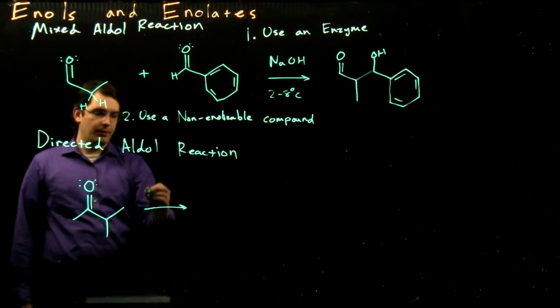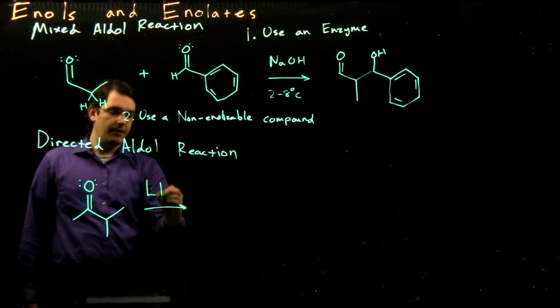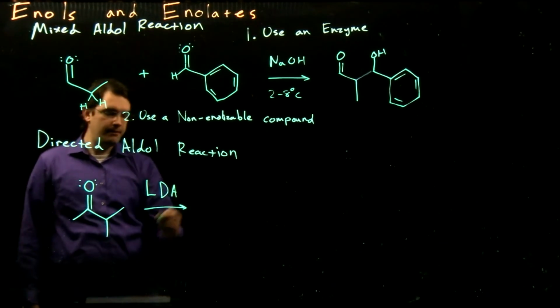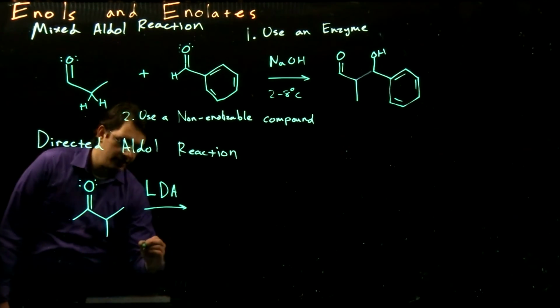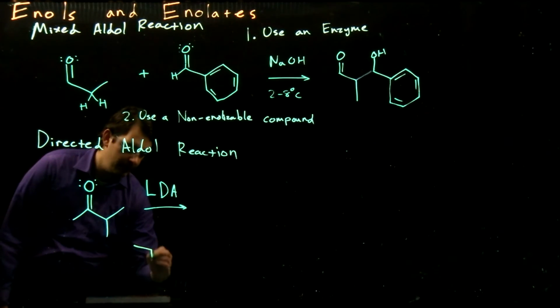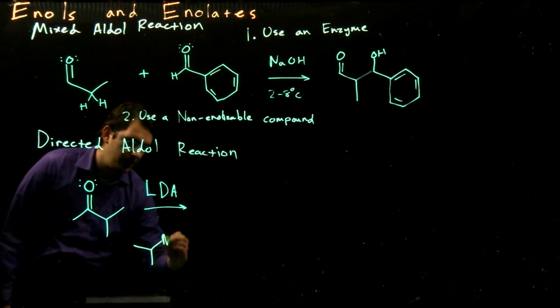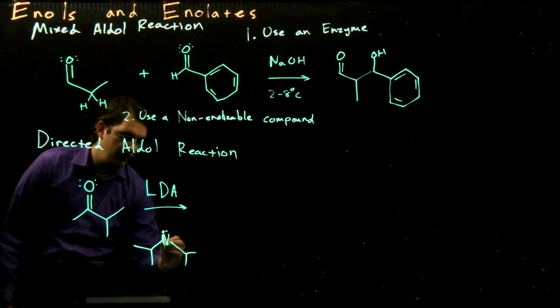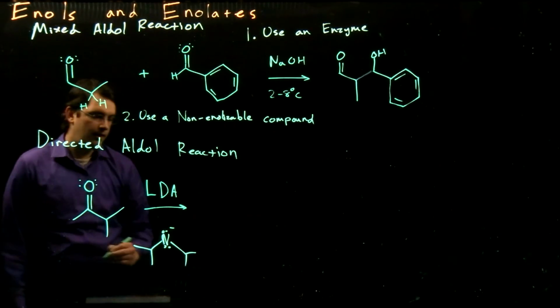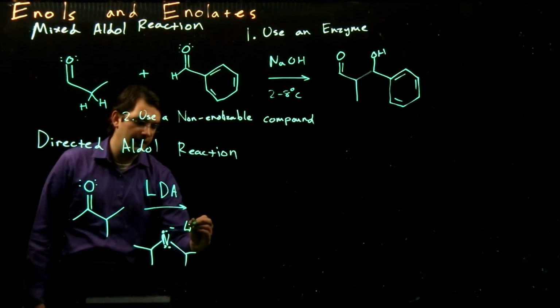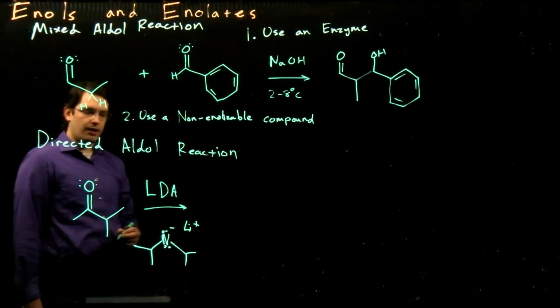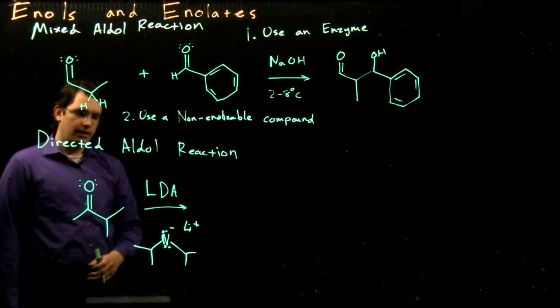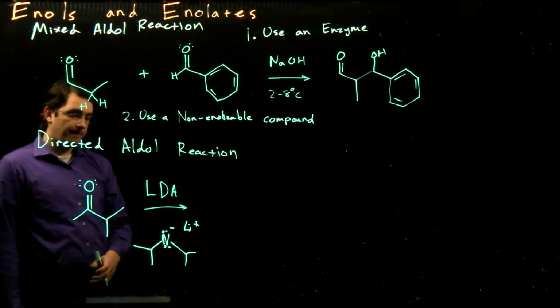So in this case, I'm going to use lithium diisopropylamide. So this is a very large and strong base compound. We have 2 isopropyl groups bonded to a nitrogen with a negative charge. Our lithium there is just acting as a positive counter ion to our nitrogen strong base.